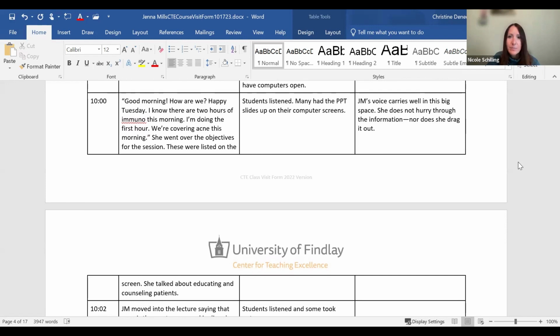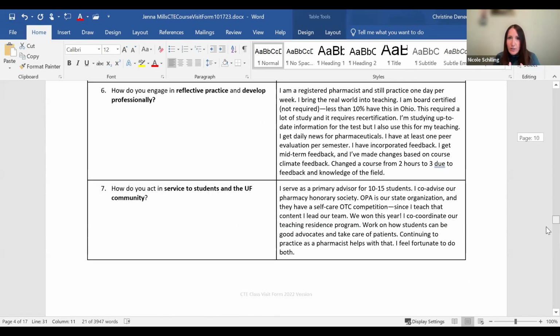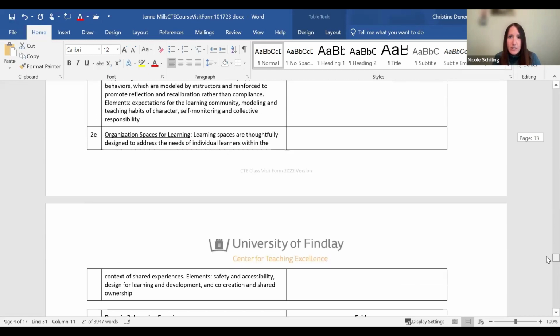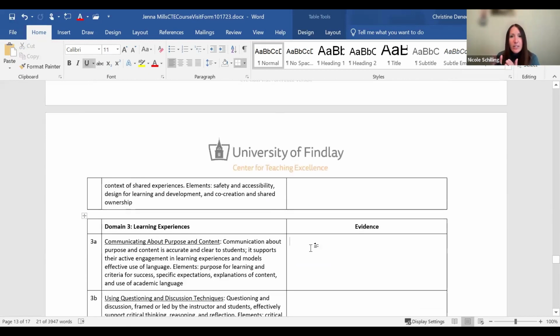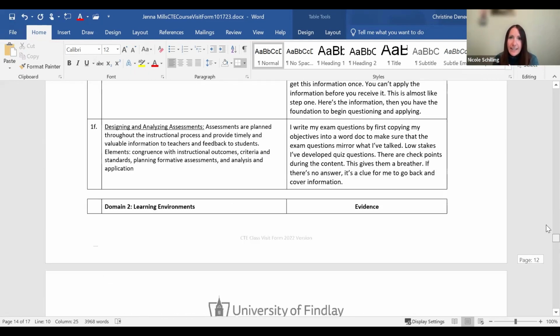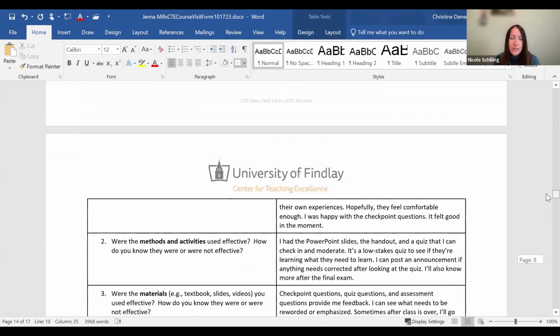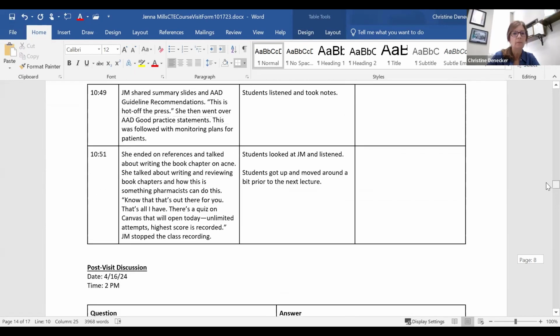Perfect, so that's going to be 3A, right? Yep. There's a difference between planning for that and setting those instructional outcomes, which we see in domain 1, and now you're seeing that actually enacted. She's communicating that to the students. Those are two different things.